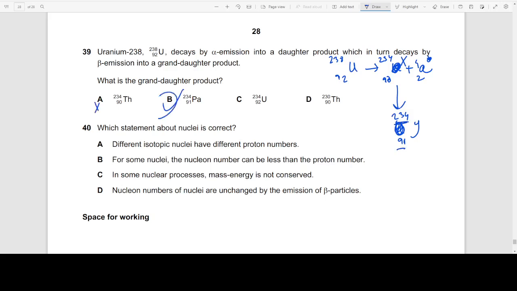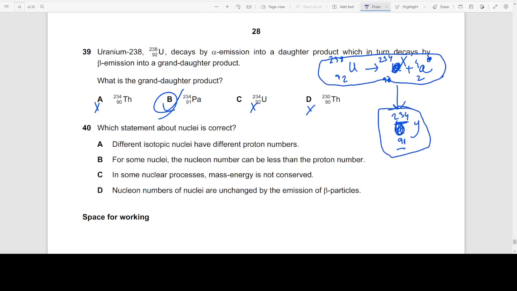Alright, so first we form this by an alpha decay and then by a beta particle, a beta negative particle to be precise.